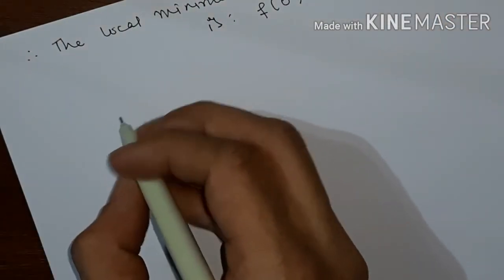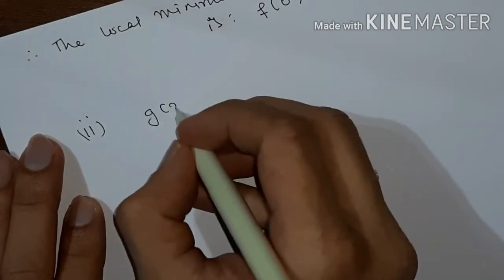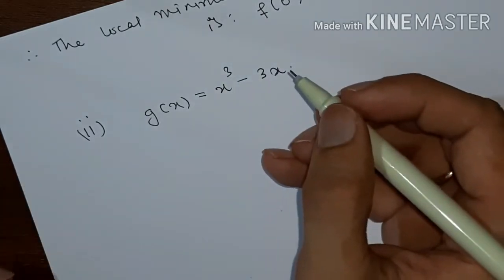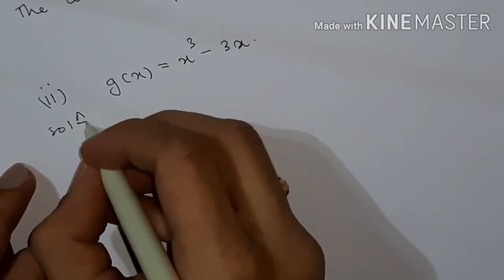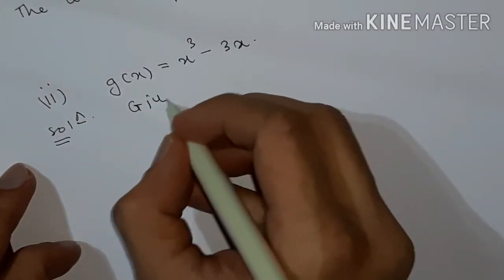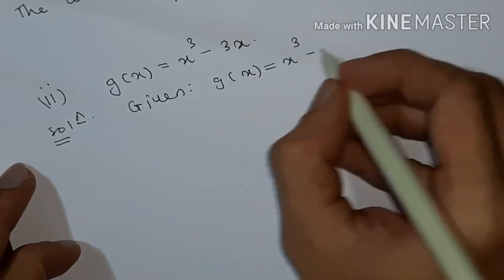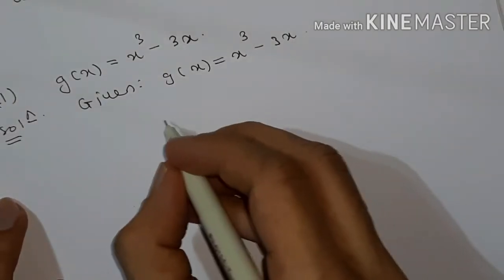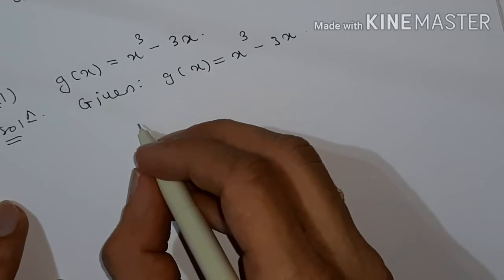Okay, now let us go to the second. So g(x) is equal to x cube minus 3x. Now what you do, you first look at what is given. Here you have to take the derivative of the function and put it equal to 0.